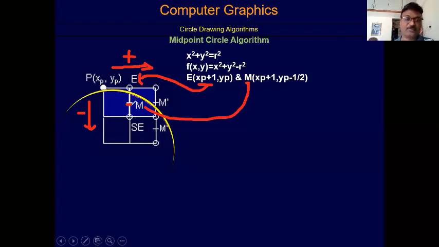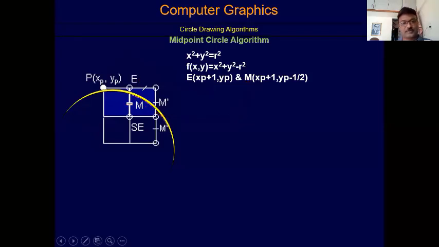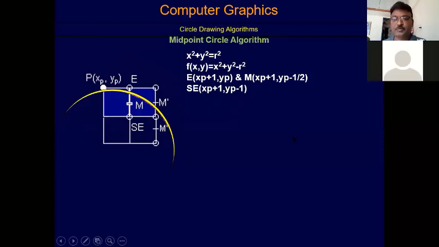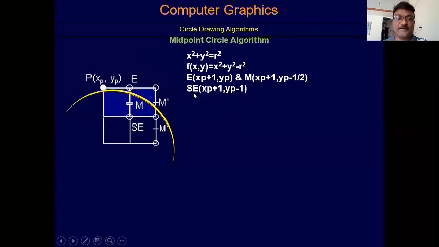Now proceed to the next one. Once you have calculated these coordinates, what are the coordinates of SE then? SE has xp plus 1, yp minus 1.